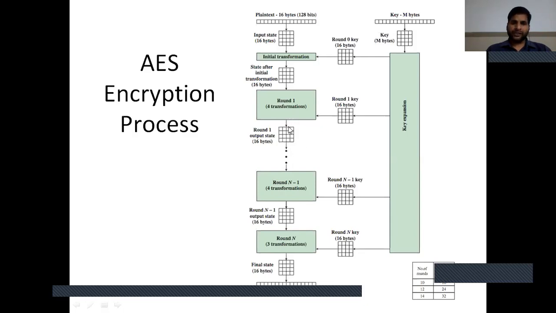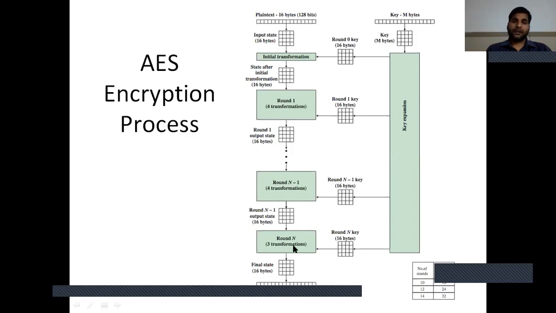The state matrix produced by round 1 is the input of round 2, which encrypts it and stores it in the state array. The process continues up to round n minus 1.